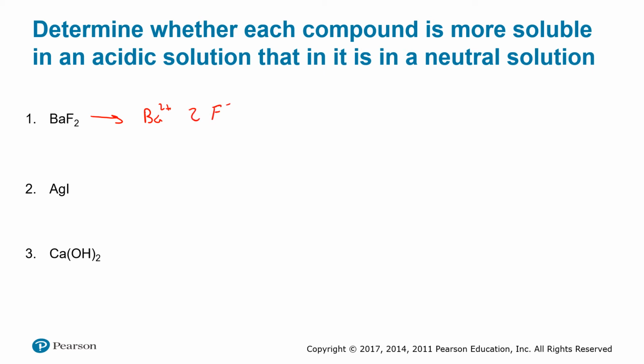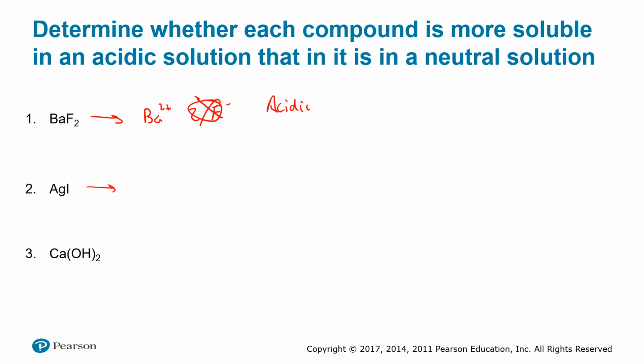If we go to page 751, that neat little chart at the bottom shows that fluoride is actually a weak base. So it's a weak base, meaning it wants hydroniums around, because it's going to react with them and be removed from the reaction. So this one is more soluble in acidic solutions. It needs hydroniums to remove fluoride from the reaction.